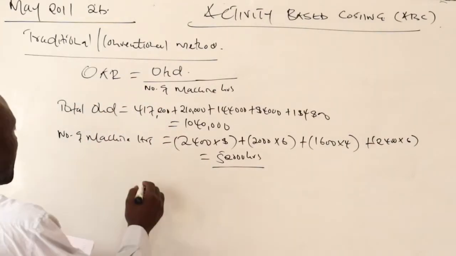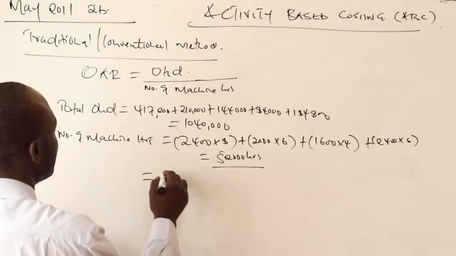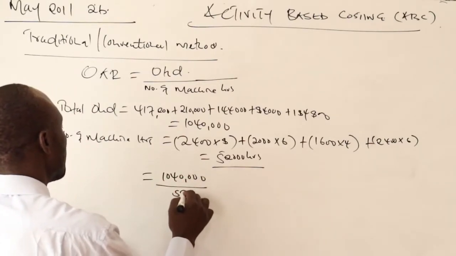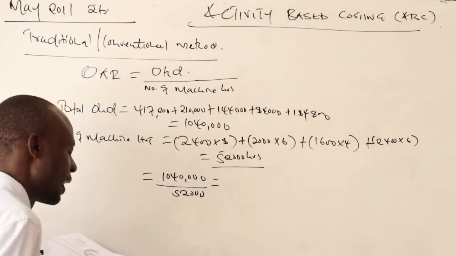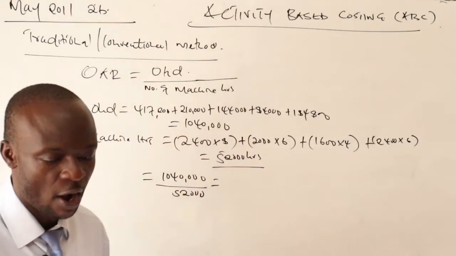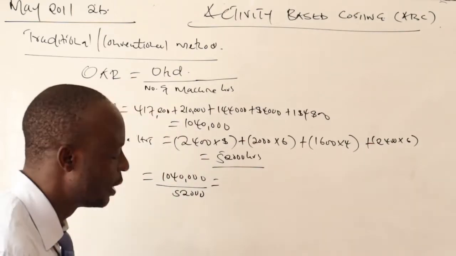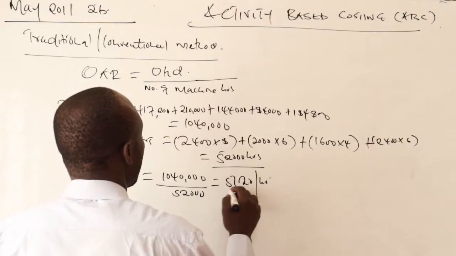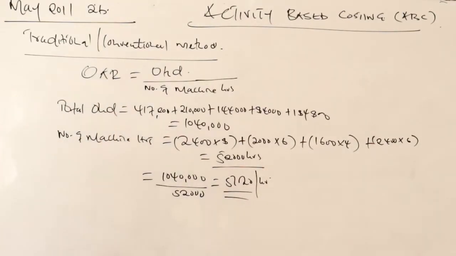Now we come here and determine our rate. Total overheads is 1,040,000 over 52,000. We get our overhead absorption rate, which is shillings 20 per hour. When you're using the traditional way, we have one rate that is used across the products.